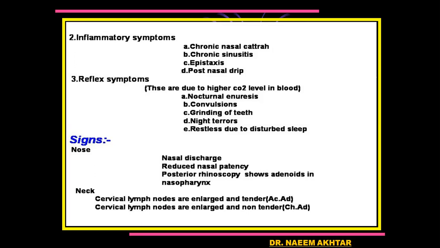And if we examine the neck for lymph nodes, if the cervical lymph nodes are enlarged and tender, then the condition will be termed acute adenoiditis. On the other hand, in chronic adenoiditis, the cervical lymph nodes will be enlarged but non-tender.